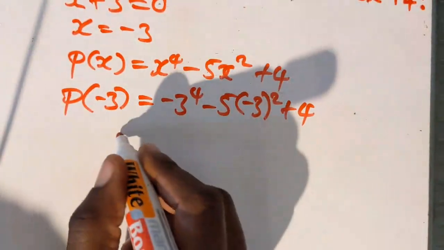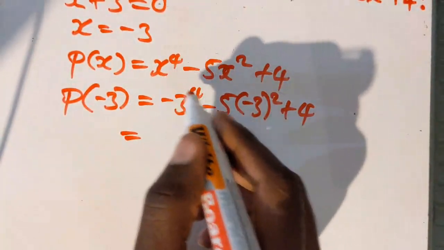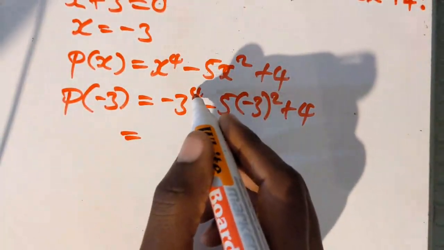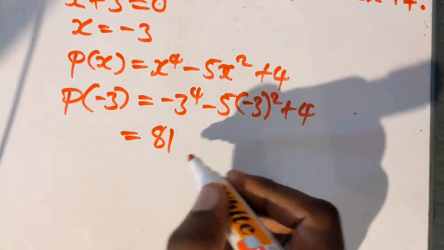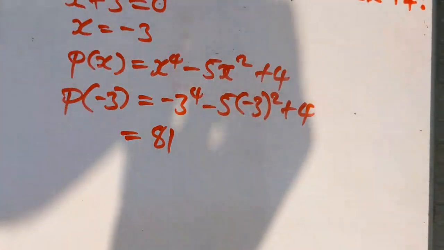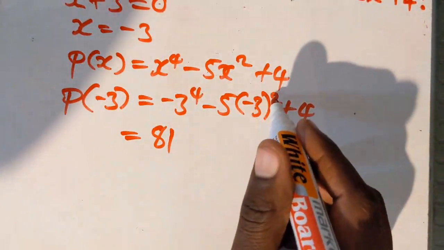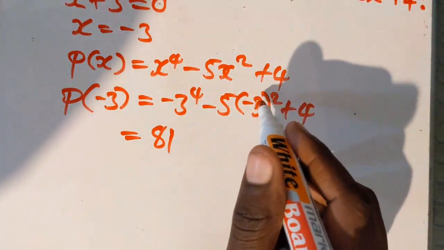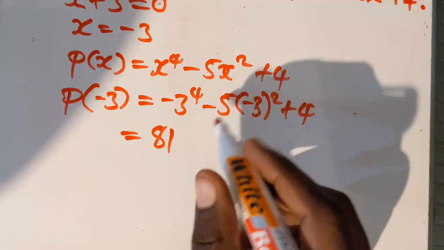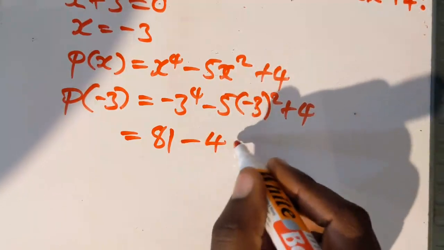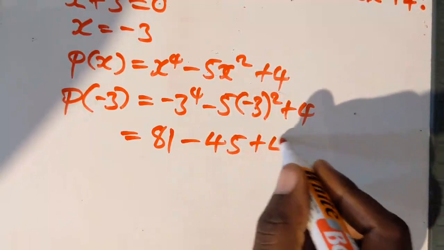Then negative 3 to the power 4 is going to give you 81. Then here, 3 squared is going to give you 9. Then 9 times negative 5 is going to give you negative 45. Then plus 4.